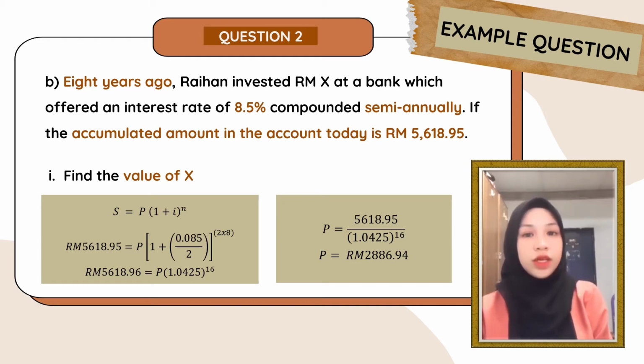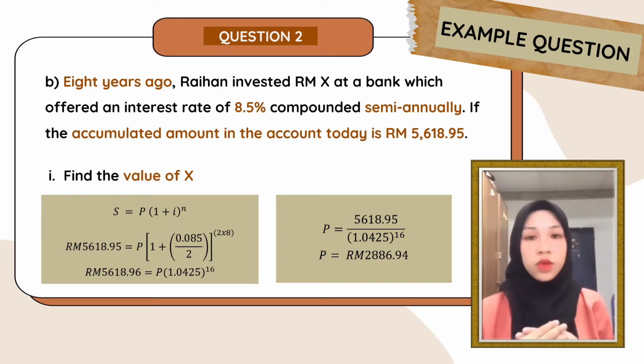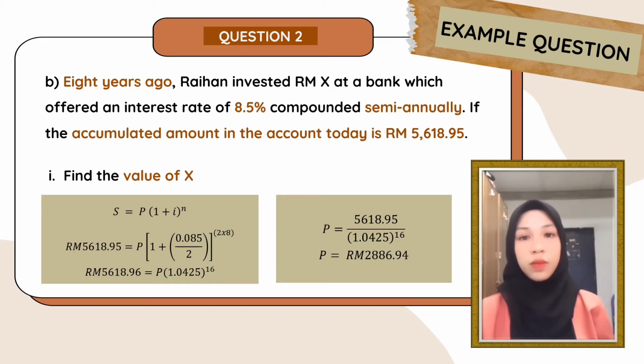Find the value of X. So we can use the formula S equals P open bracket 1 plus I close bracket power of N. Okay, so we can substitute RM5,618.95 is S equals P, what we want to find, and open bracket 1 plus 0.085 per 2 close bracket power of 2 multiply X. So we must solve in the bracket first. So we get RM5,618.95 equals P open bracket 1.0425 close bracket power of 16.